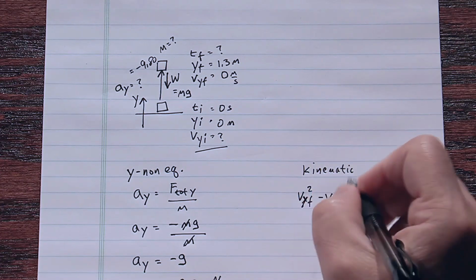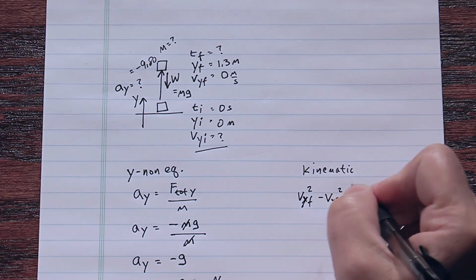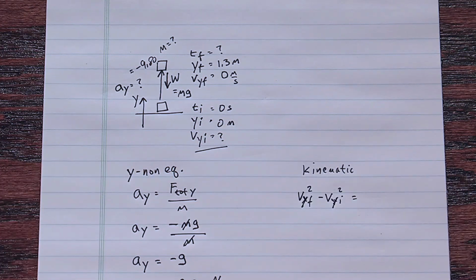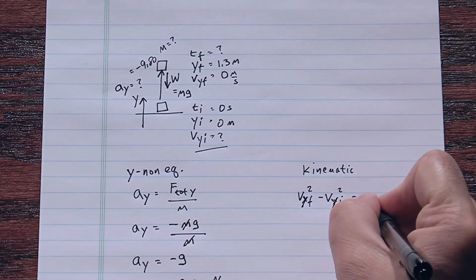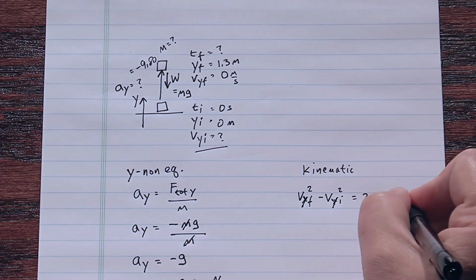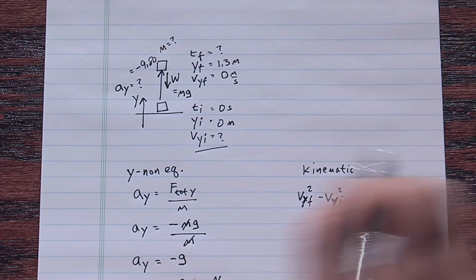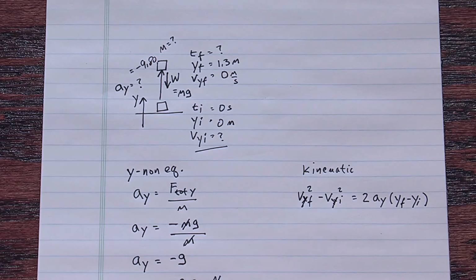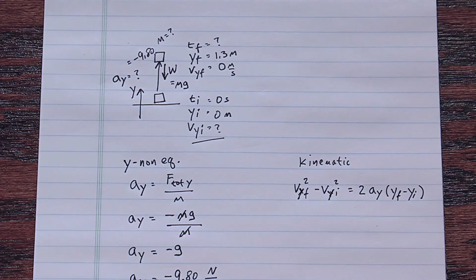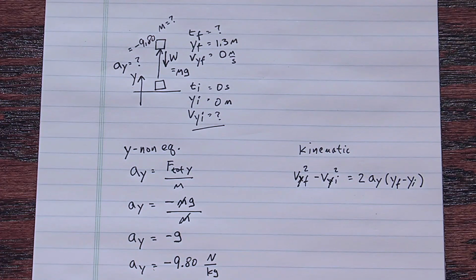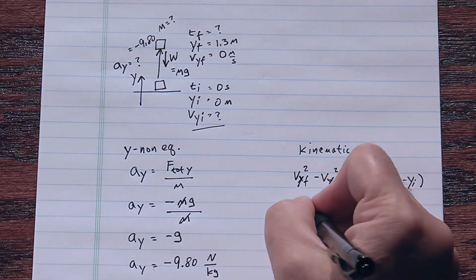So Vy final squared minus Vy initial squared is equal to 2ay times y final minus y initial. Vy final squared is 0.